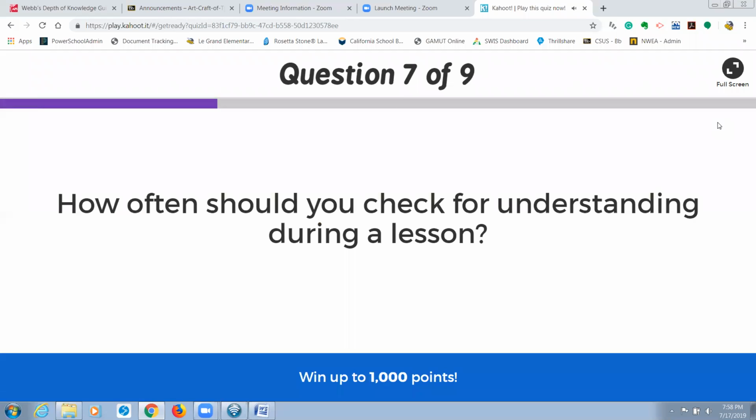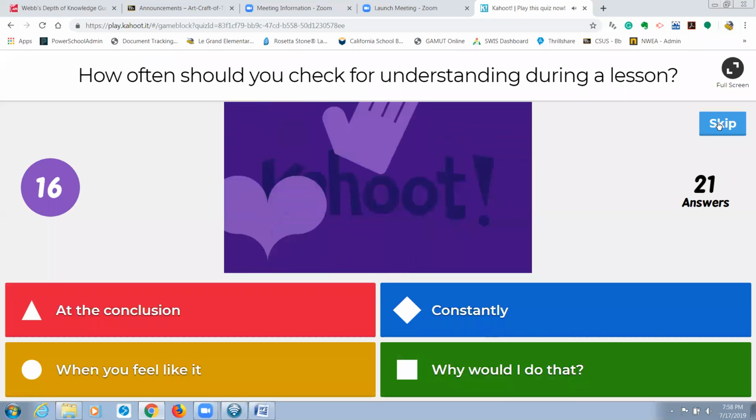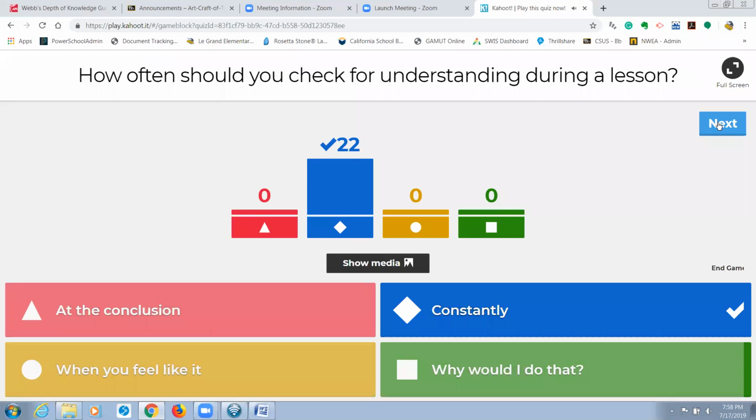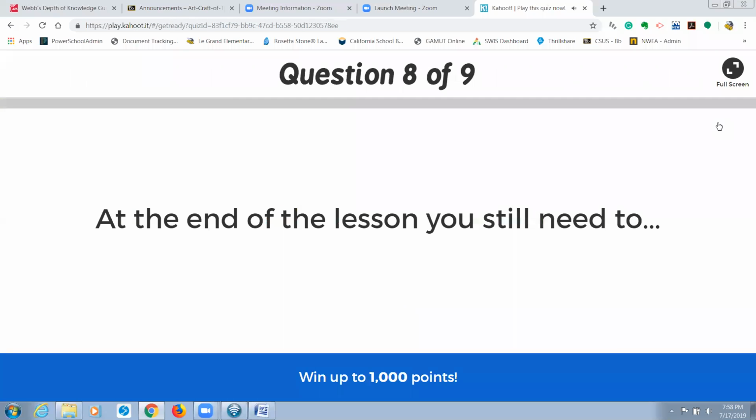And how often should you check for understanding during a lesson? Constantly. It's a close one. At the end of the lesson, you still need to what?